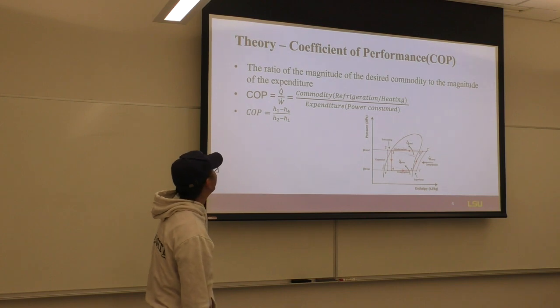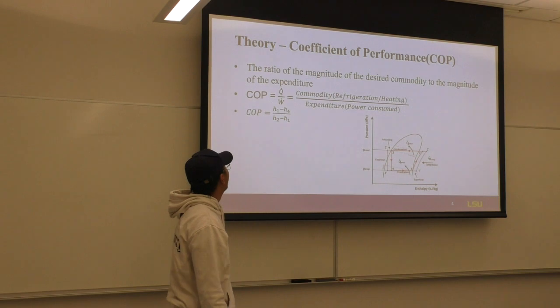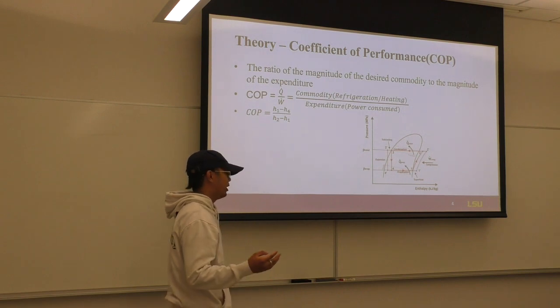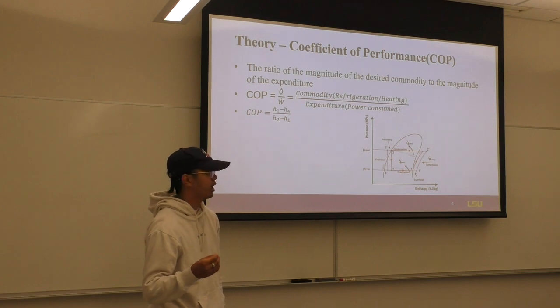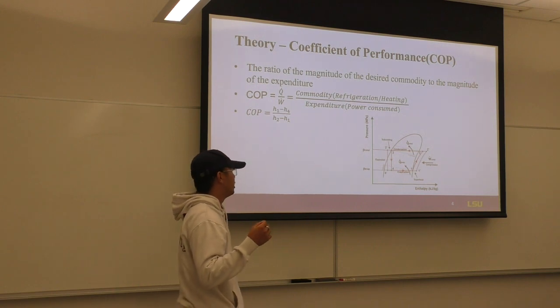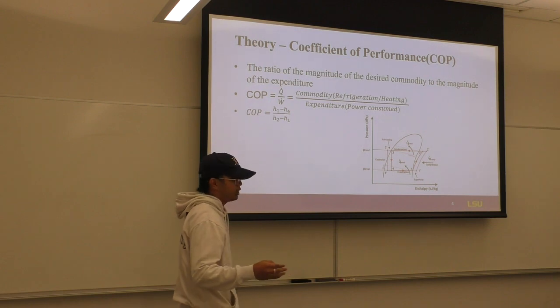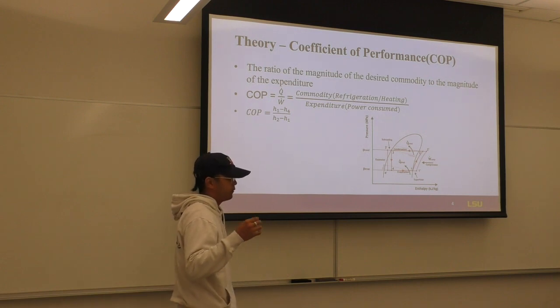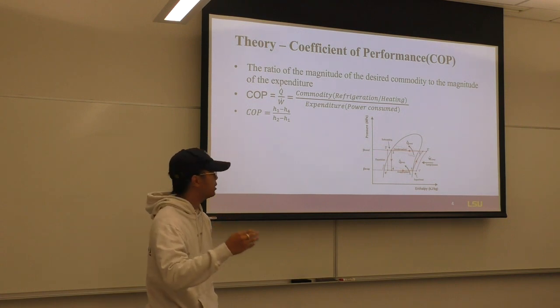So the theory behind coefficient of performance, we will be using the principles of thermodynamics and heat transfer to solve for the coefficients. It is the ratio of your output divided by input.